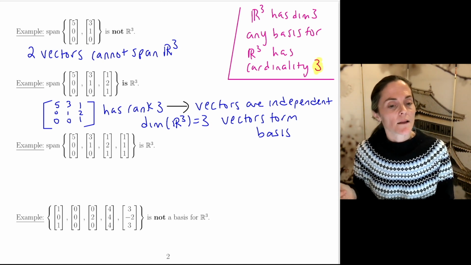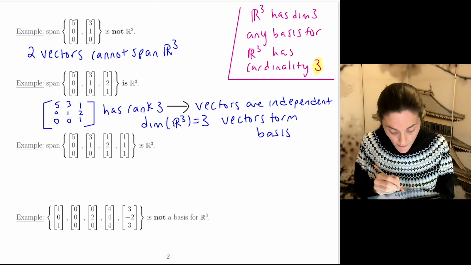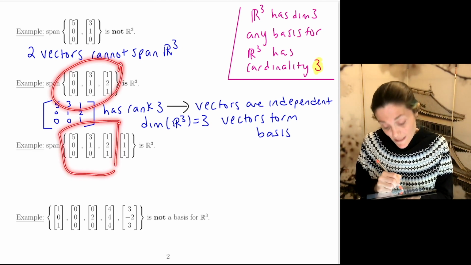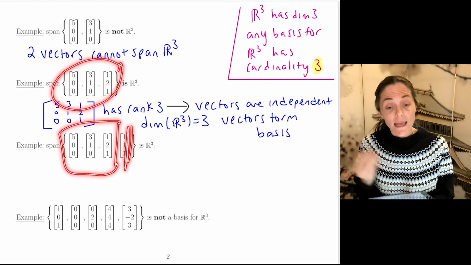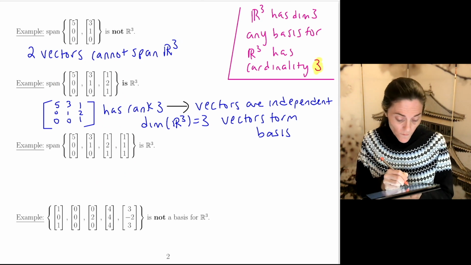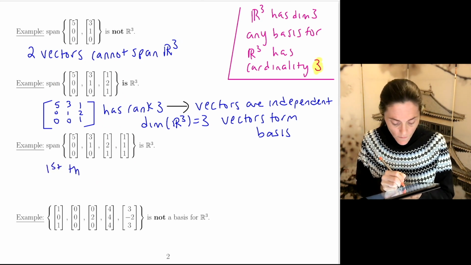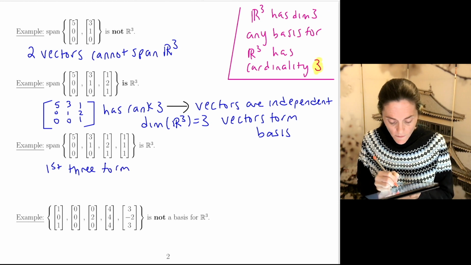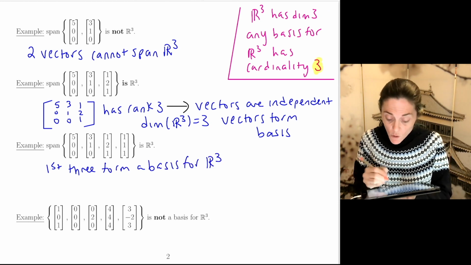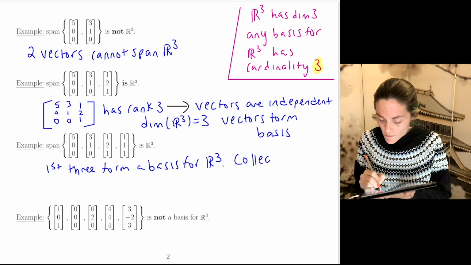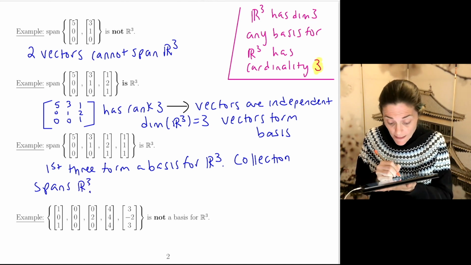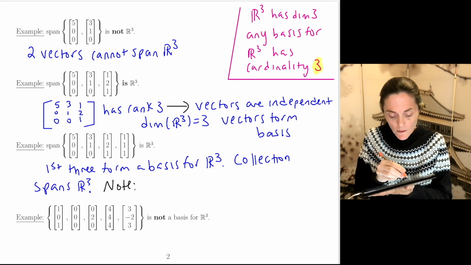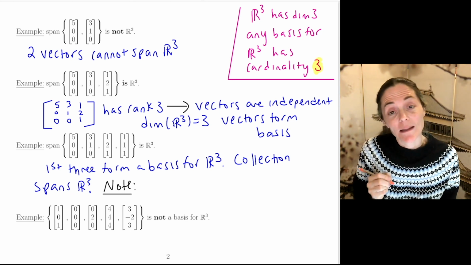Well, the next question, you notice all I did was I took these 3 vectors. So these 3 span. I've already justified that because they are a basis. But I add one more and they still span. So the first 3 form a basis, so the collection spans. But I have an important but here that I'll make as a note. 4 vectors cannot be linearly independent in R3.